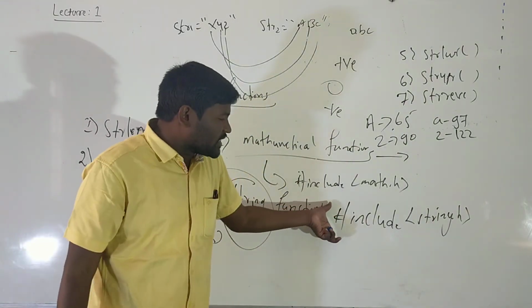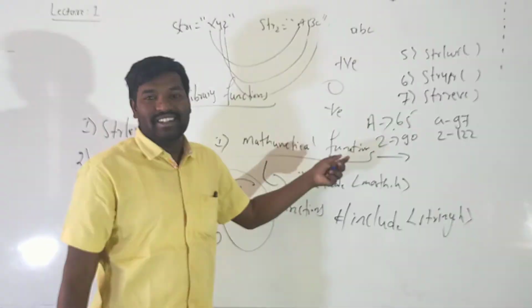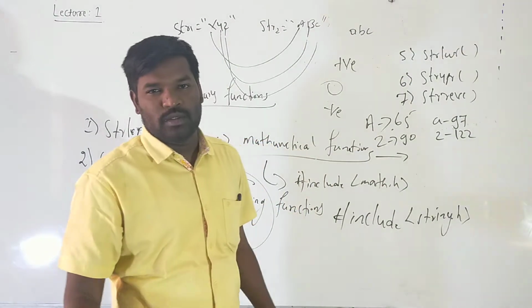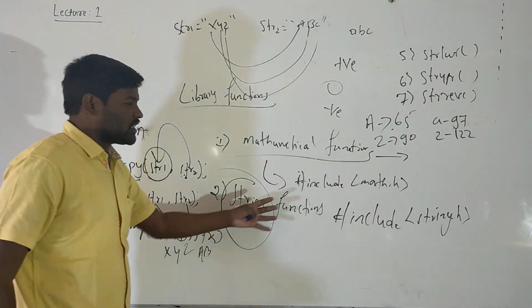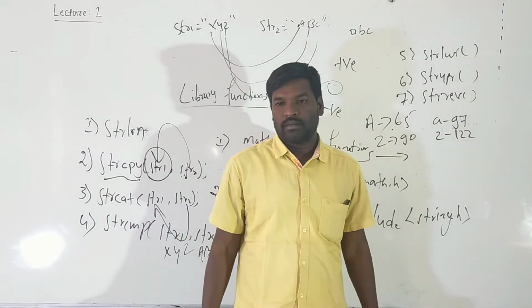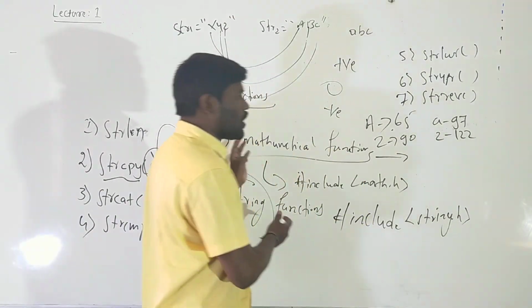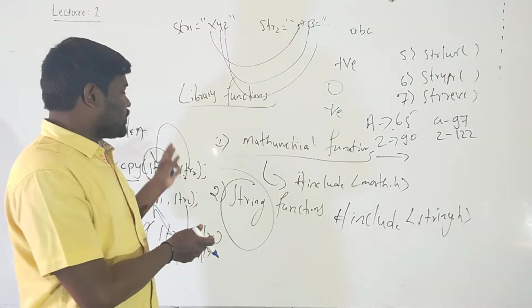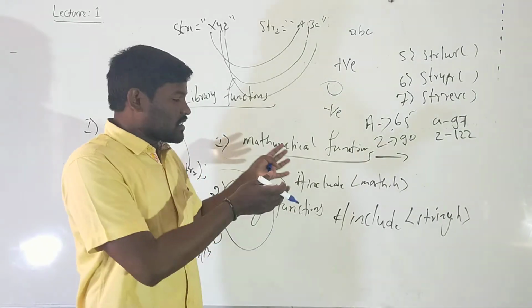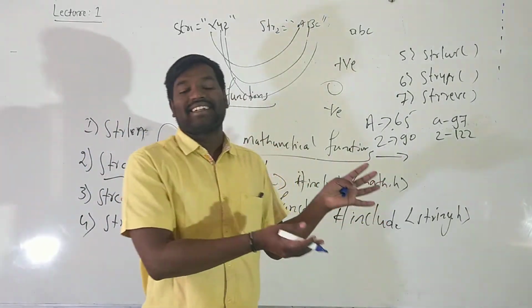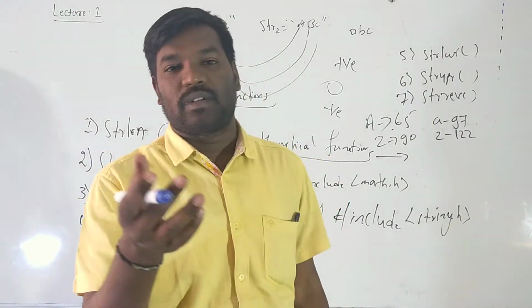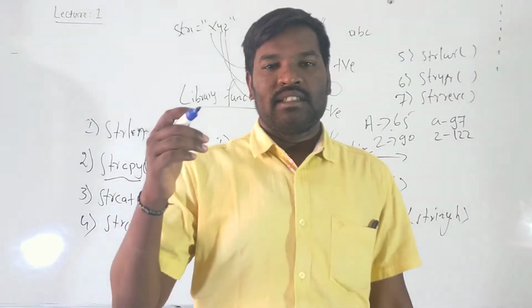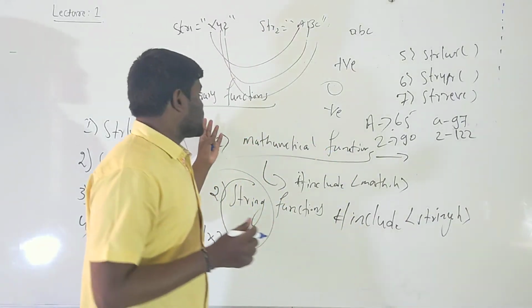If you do not include it, it will generate an error message, because you do not have the right to use the string functions without including string.h. Whatever you perform using library functions, we compulsorily include the related header files. Then only we have permission to use the particular functions. So that is the advantage of using library functions.